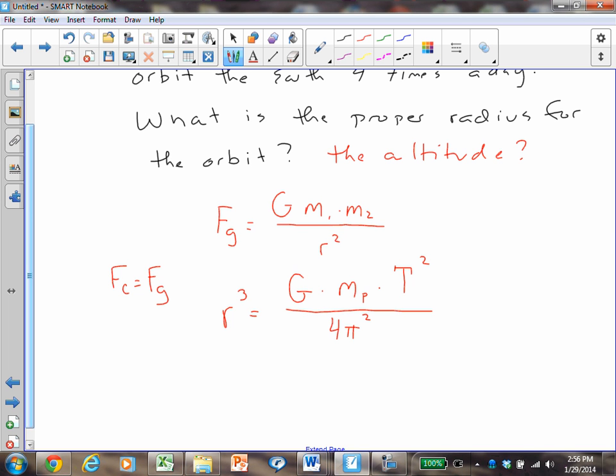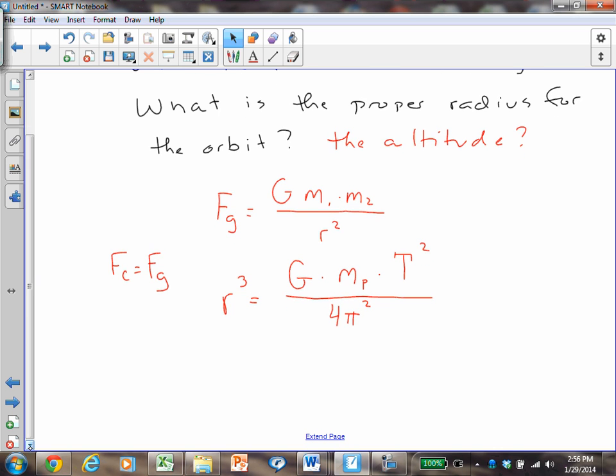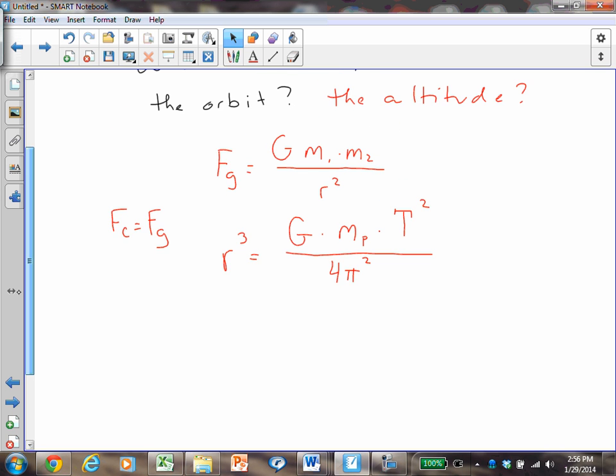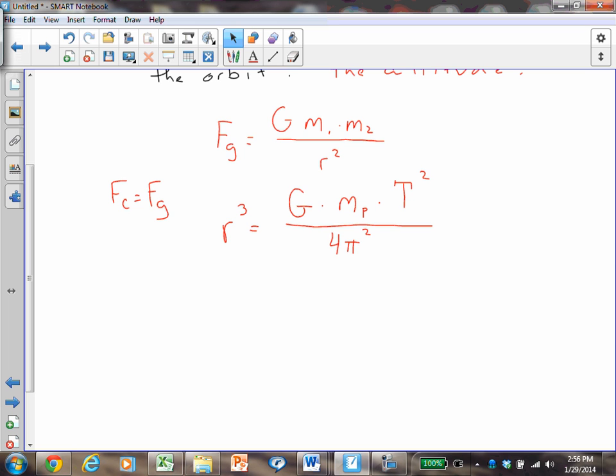That formula comes from the fact that V is 2 pi r over t, and that Fg is mg. When you put all that together, you end up with this formula. Anyways, I don't want to do it again because of time, but you could have this formula on your formula sheet. So I would do that if I were you.